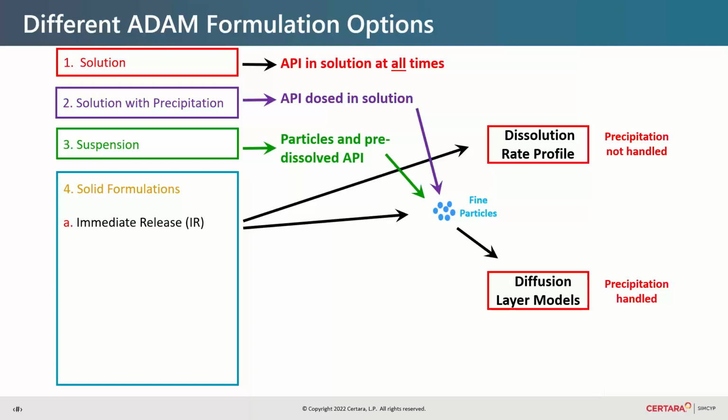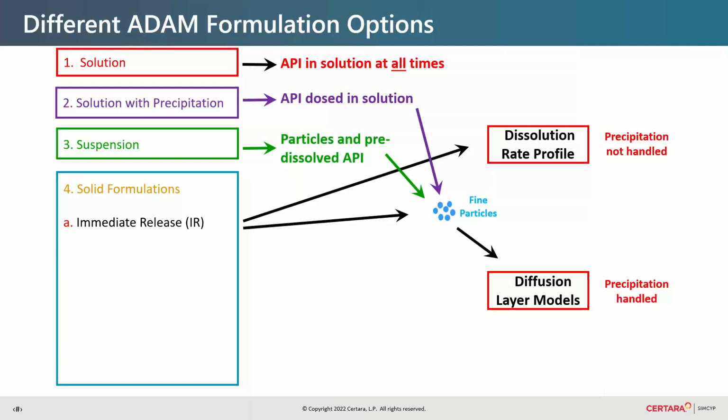For immediate release, we can look at using dissolution profiles, where we're looking at dissolution of the compound. In that case, we're not considering precipitation, but we can also look at release of the particles from the tablet. And then once the particles are available, they're handled through the diffusion layer model.